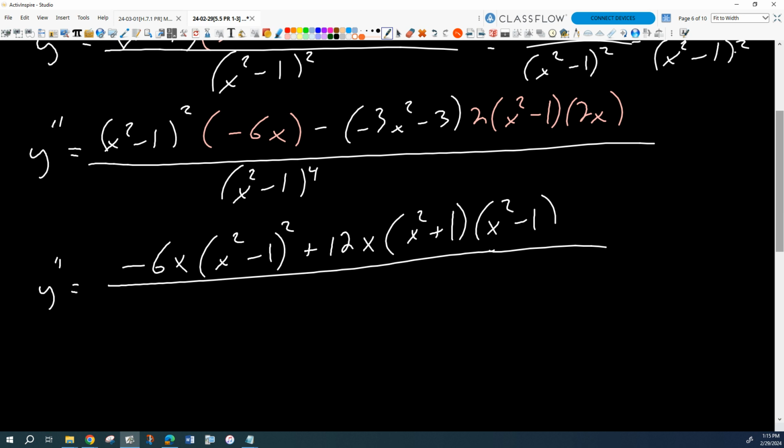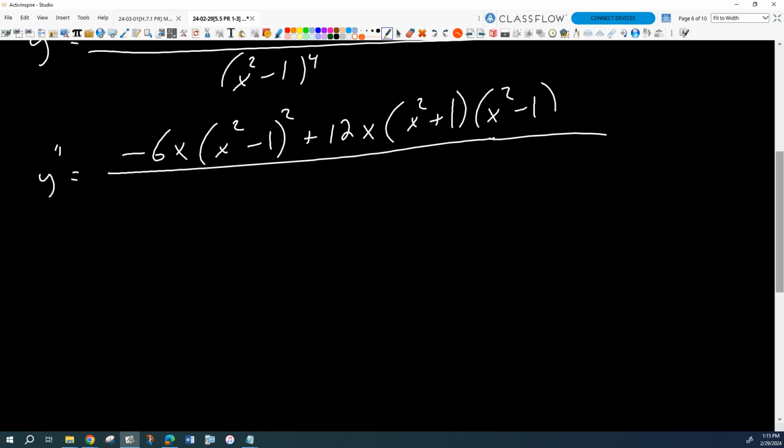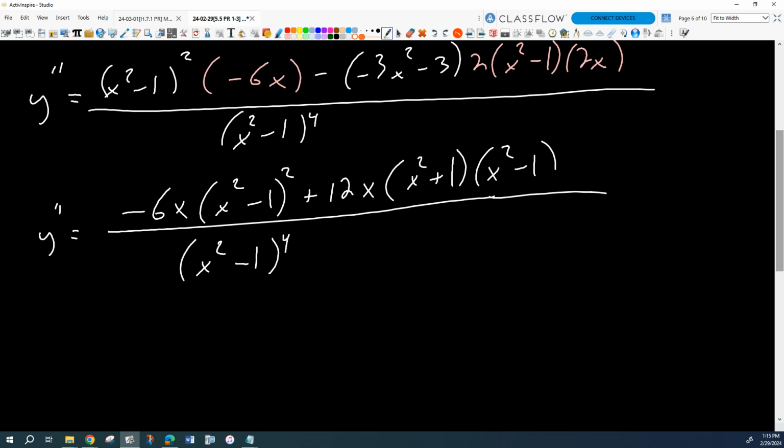So the bottom is the same. Now what could we factor out of the top? We could factor out 6x and an x squared minus 1, leaving behind a negative x squared minus 1.